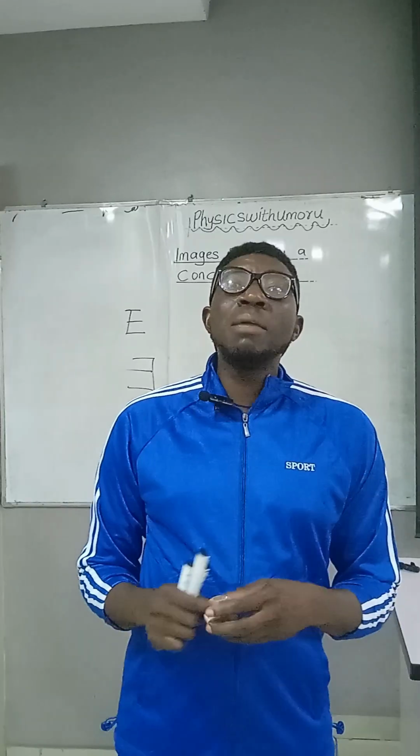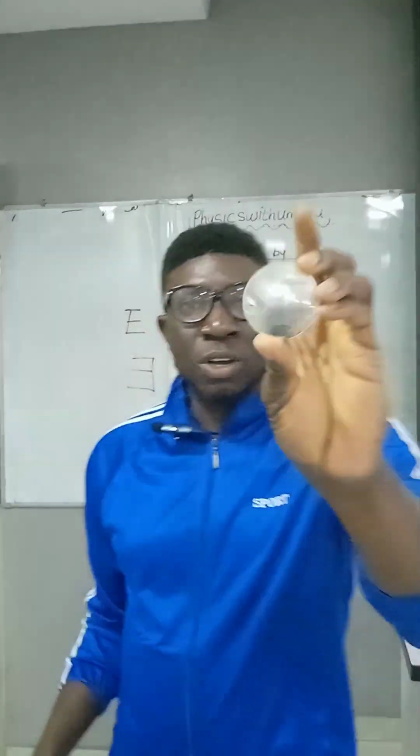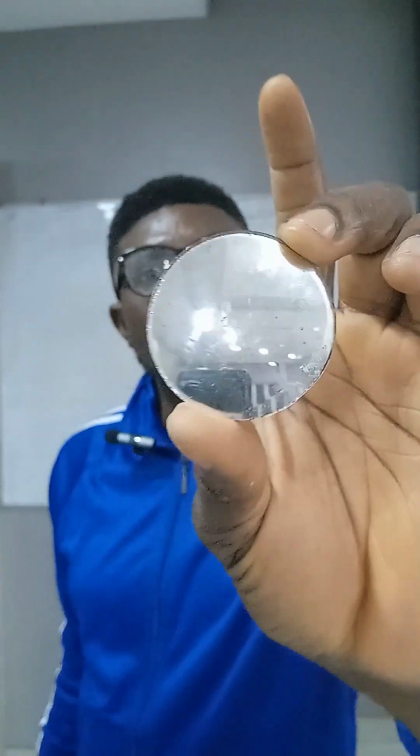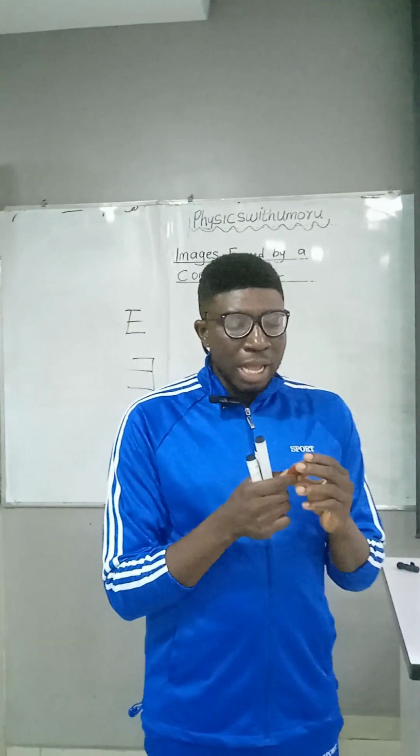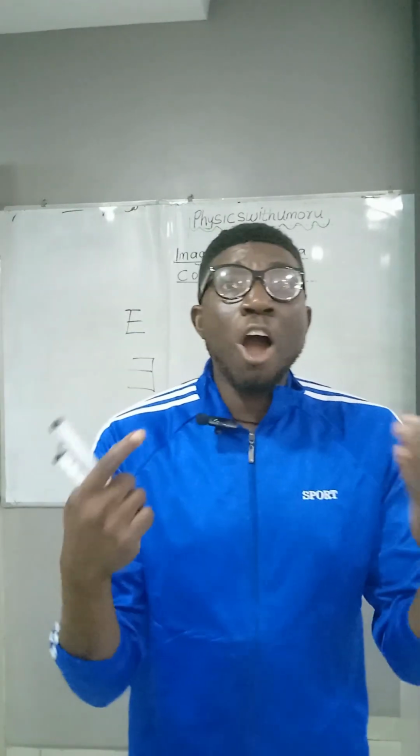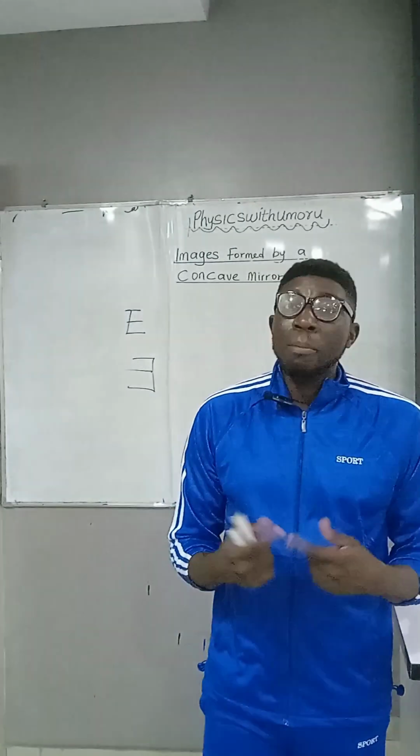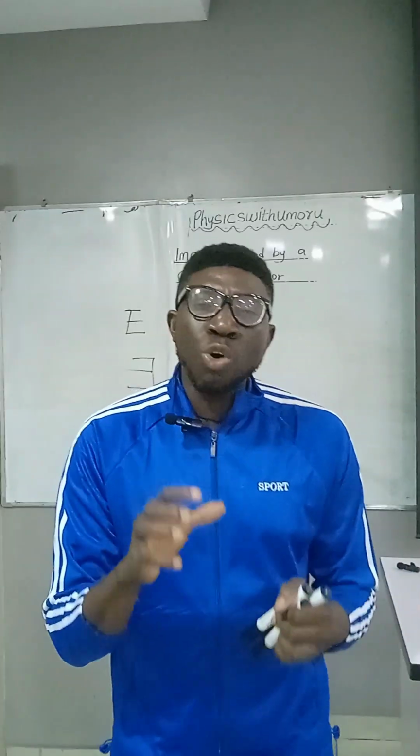Number one is that the image is also virtual because when you look into this mirror, you are going to see yourself. So the image is virtual. Number two is that the image is also upright. It is not inverted.